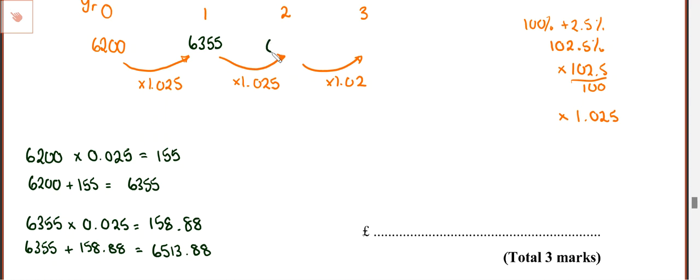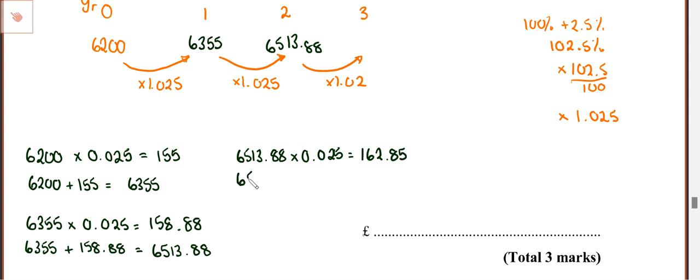Okay, so I'm going to put that in there, 6,513.88. Then for year 3, it's going to be 6,513.88 times 0.025, which is 162.85.